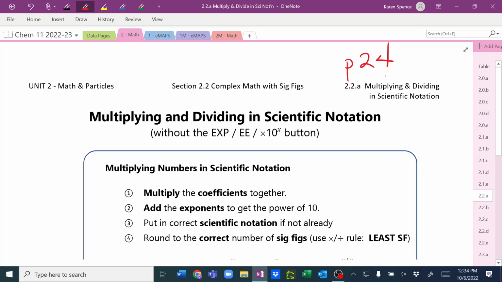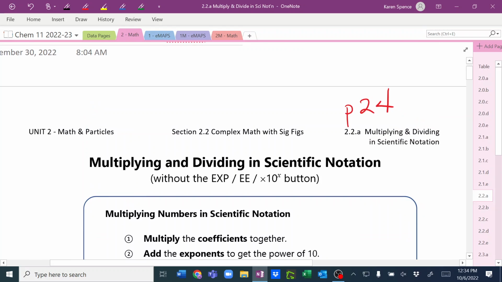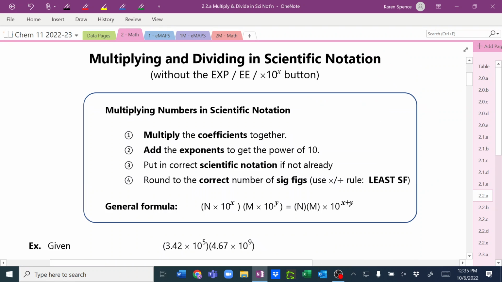So multiplying numbers in scientific notation, this is without the calculator. Okay, so we are working without a calculator here. This is page 24. In order to multiply, you can multiply the coefficients. And then you can take your powers of 10 and add the exponents.